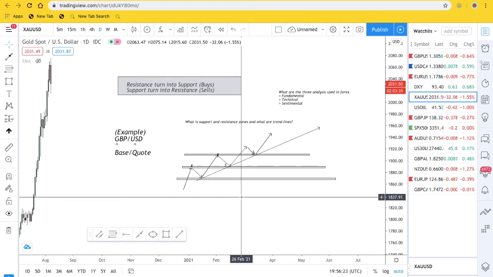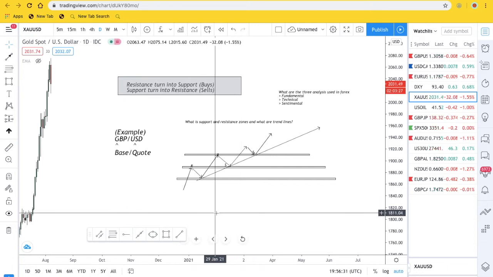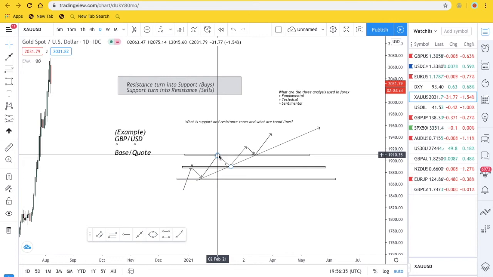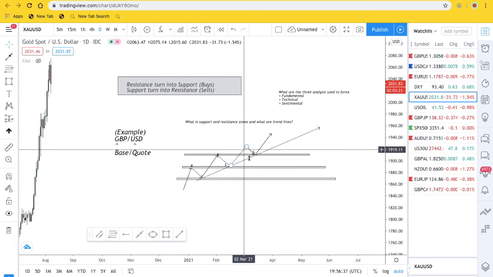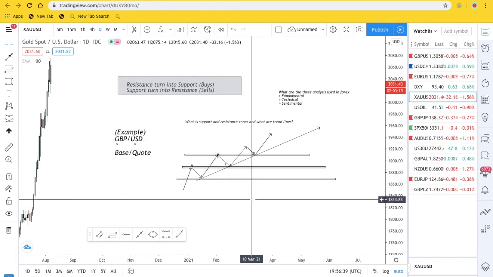It's that simple. And guess what? What happens when you break your ceiling? You keep going higher, right? So when you break your ceiling, your ceiling becomes your support. So when you break resistance, resistance will now become support. It's that simple.